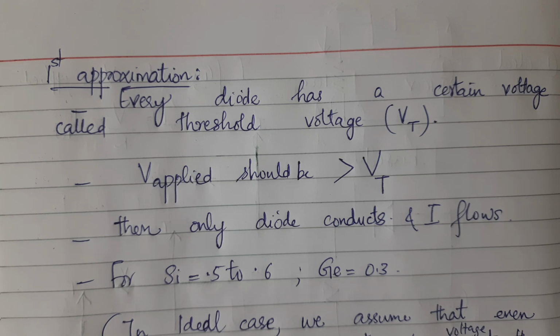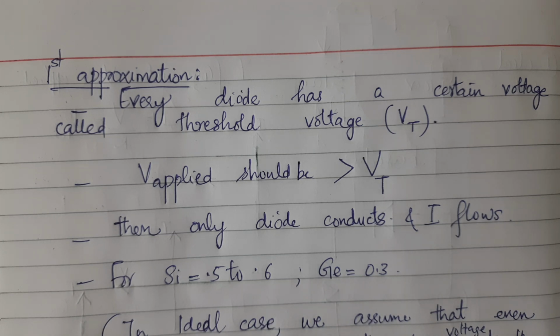For example, in the case of silicon, that particular voltage is 0.5 to 0.6 you can say. For germanium it is 0.3, and for silicon, let's say it is 0.6, so I have to apply a voltage of more than 0.6 volt for the current to pass through the diode.